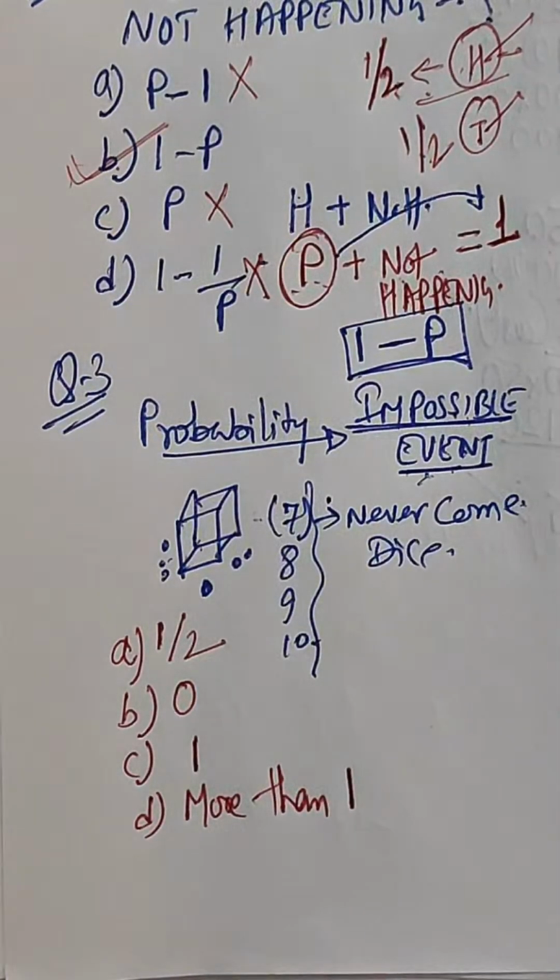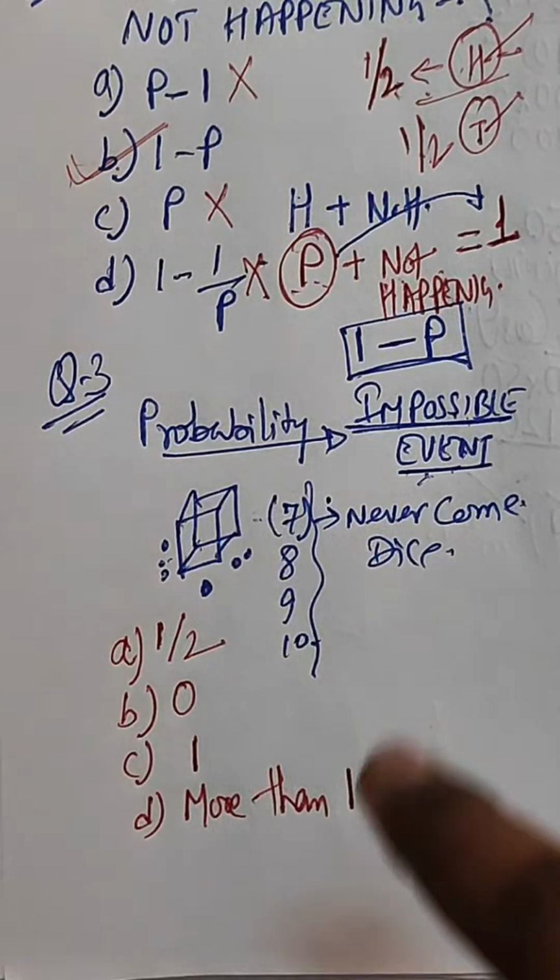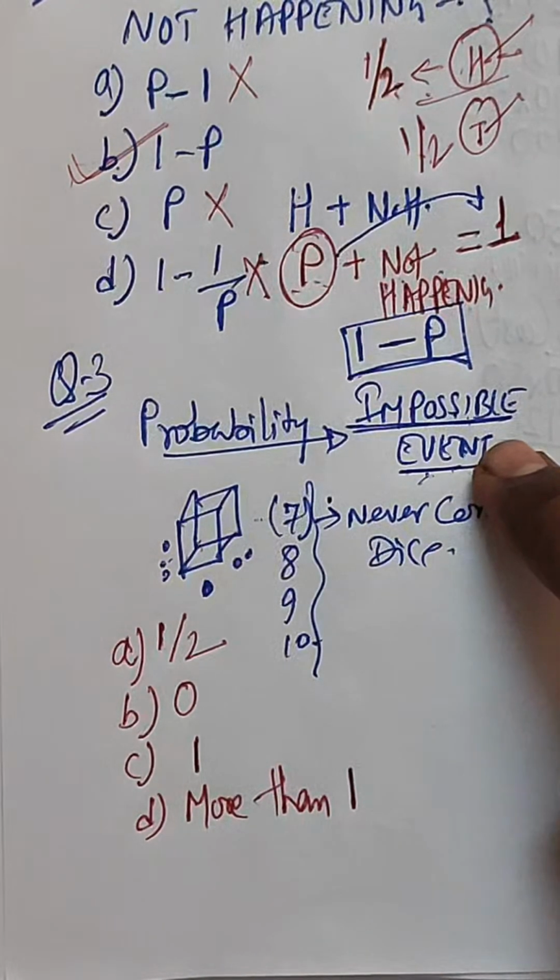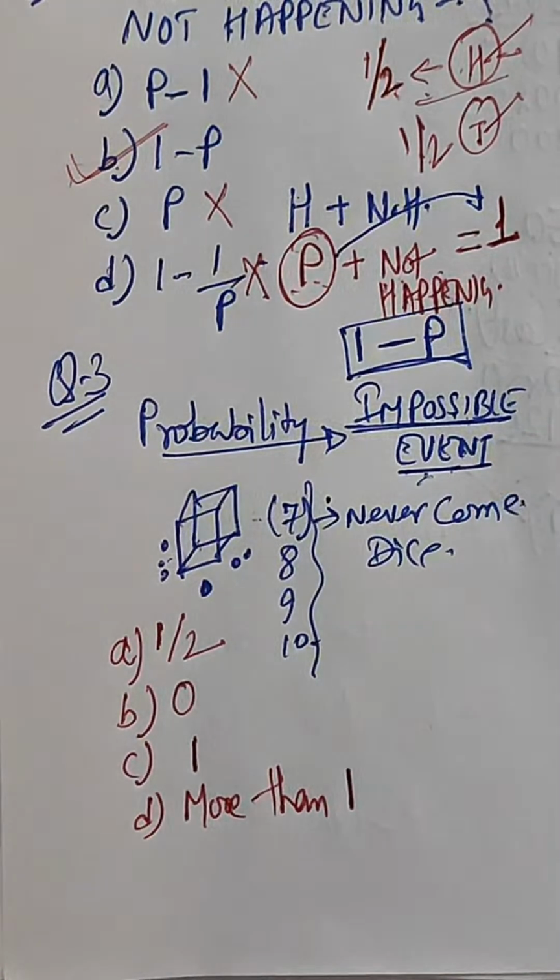So in this question we need to understand what is happening. That is impossible, that is basically not happening, right? So what will be the probability of this? Tell me. For this the answer is very much clear to you.